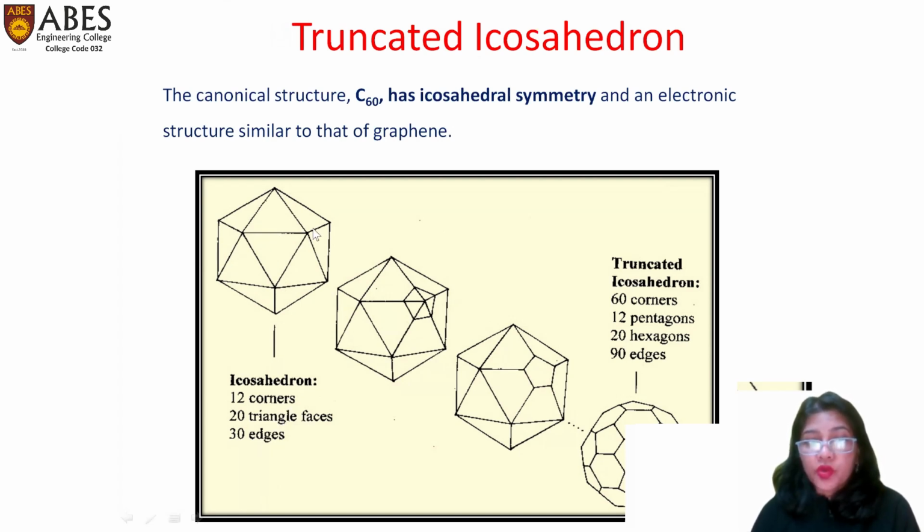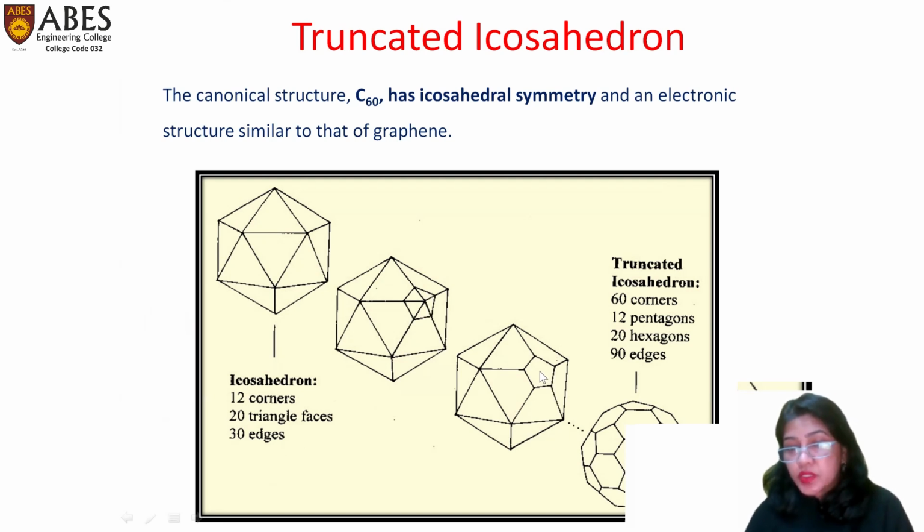When this icosahedron is truncated or snipped off from each corner like this, and a pentagon is pasted there, and this is done at all the vertices of the icosahedron, it forms a ball-like structure, a fullerene structure, which is called a truncated icosahedron. This truncated icosahedron has 60 corners, 90 edges, 12 pentagons, and 20 hexagons.